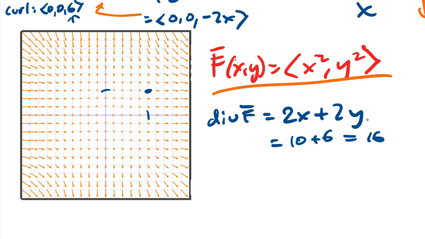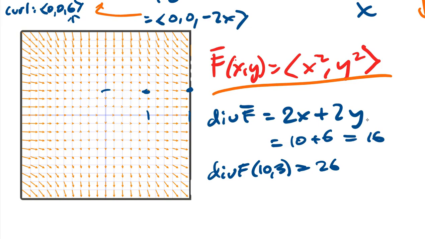So there is some divergence here. Now let's pick further out at, let's say, 10, comma 3. At 10, 3, it's going to get bigger, so that's 26. Yeah, it looks like it's going to be bigger there.